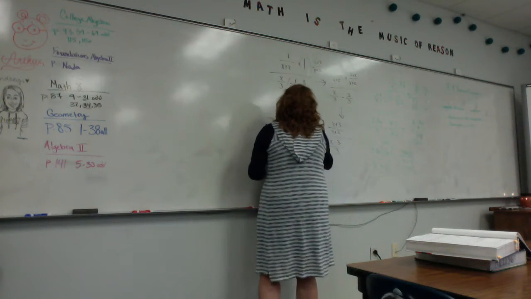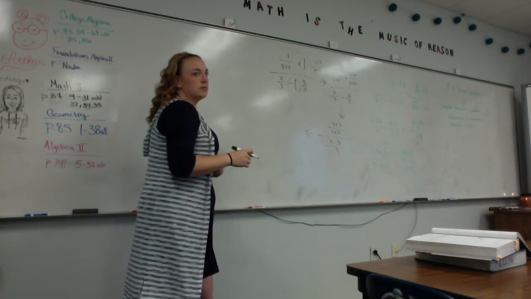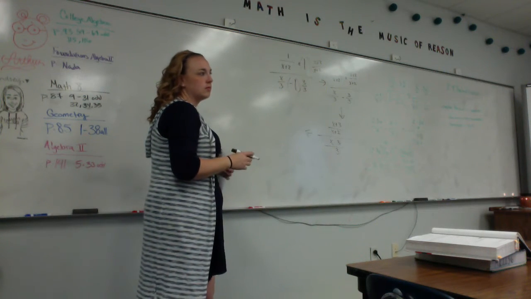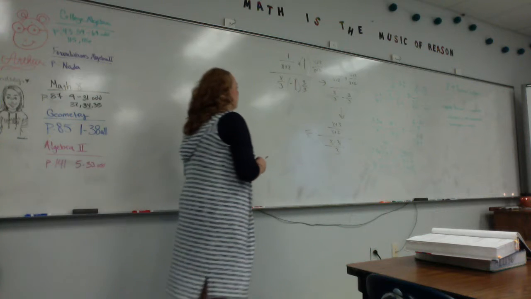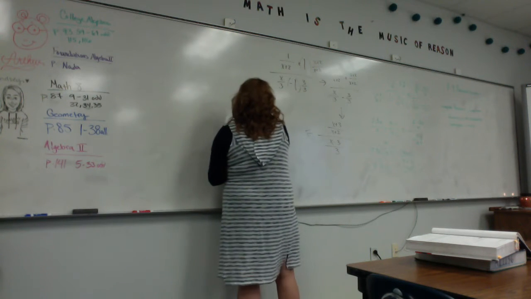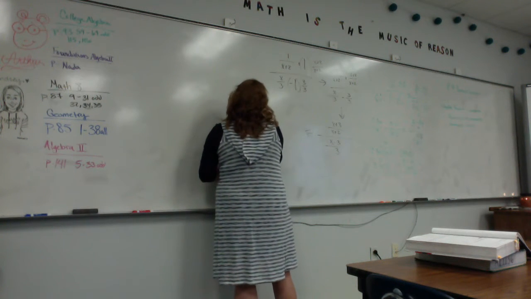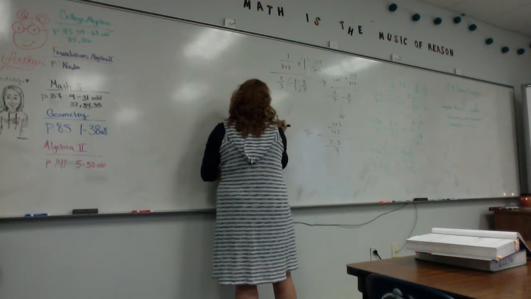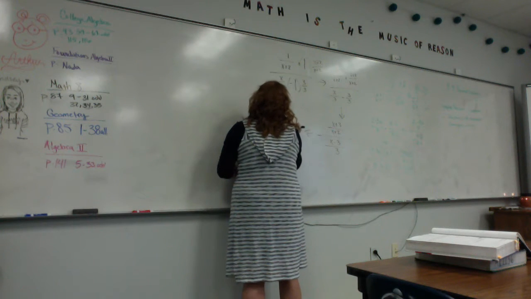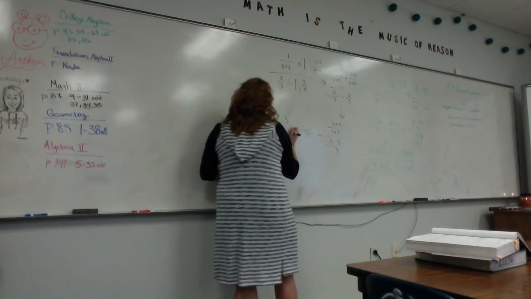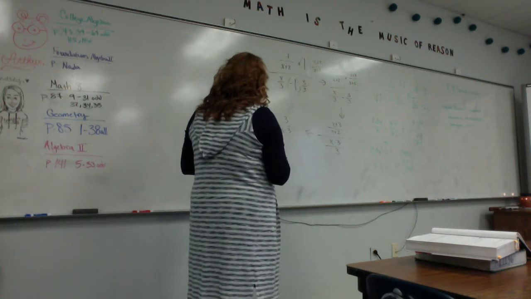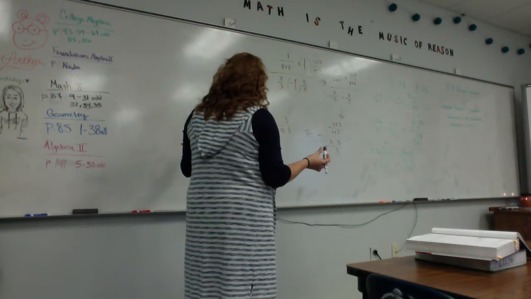Now, what do you have to do? Keep it, change it, flip it. So then I say x plus 3 over x plus 2 times 3 over x minus 3. Nothing can cancel out, right?